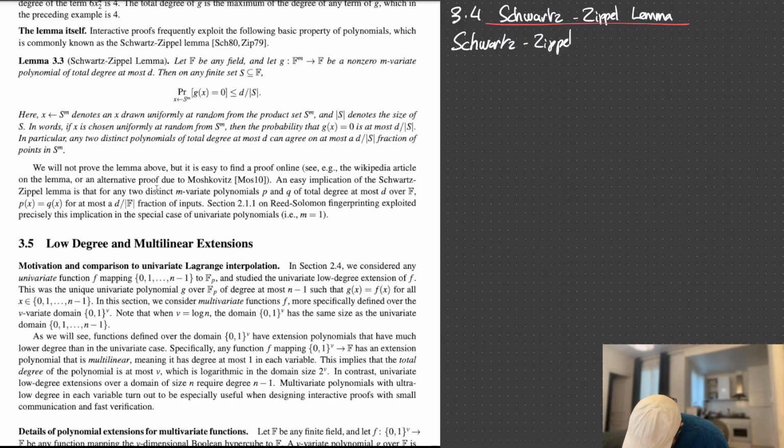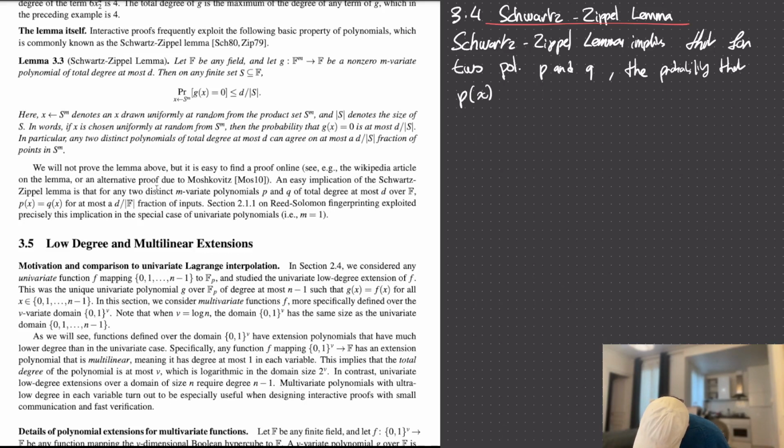But the Schwartz-Zippel lemma says, I mean, not exactly, implies, let's say implies, that for two polynomials p and q, the probability that p of x equals q of x is at most d divided by the size of the field.